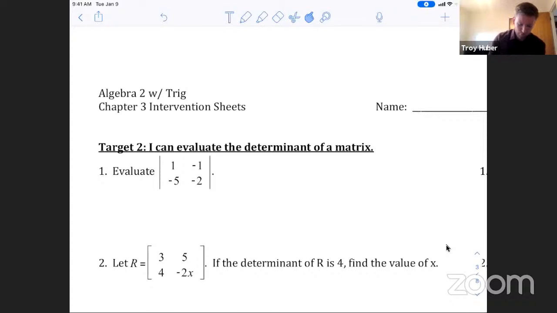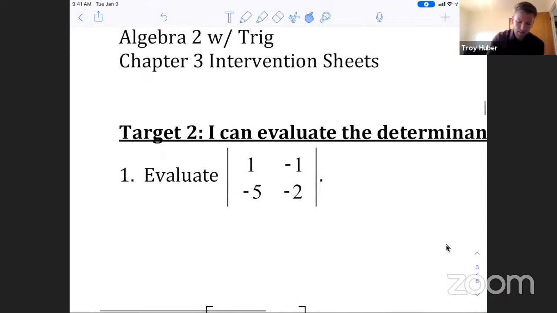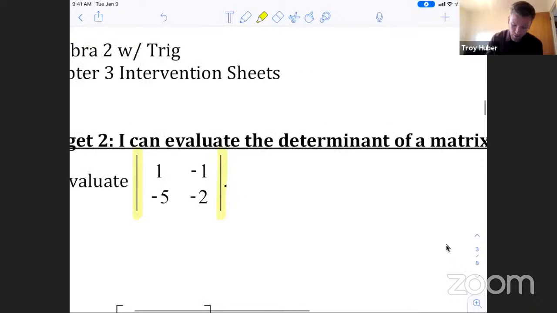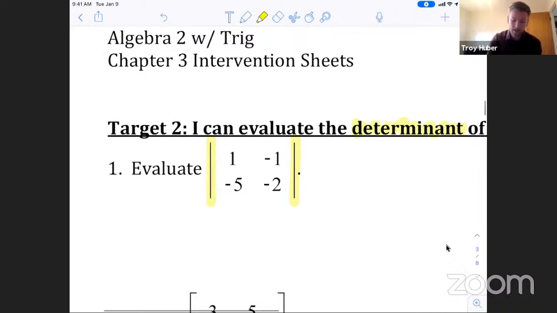A lot of people, when I've been asking what do these bars mean, I've gotten a lot of absolute values, which normally it does. However, if it's in a matrix and you get those, it actually means determinant.